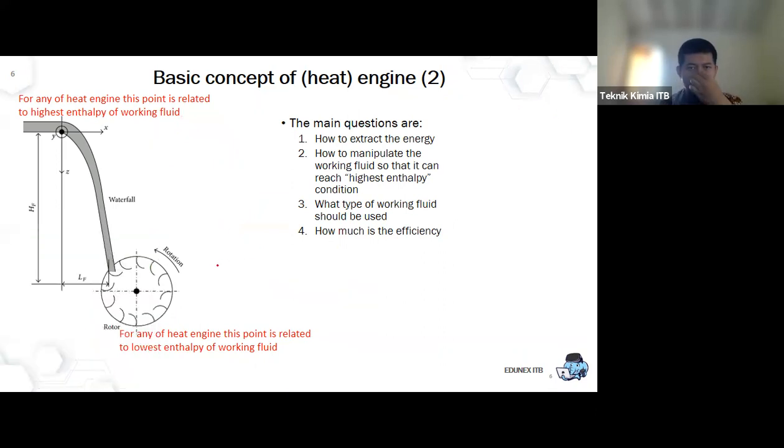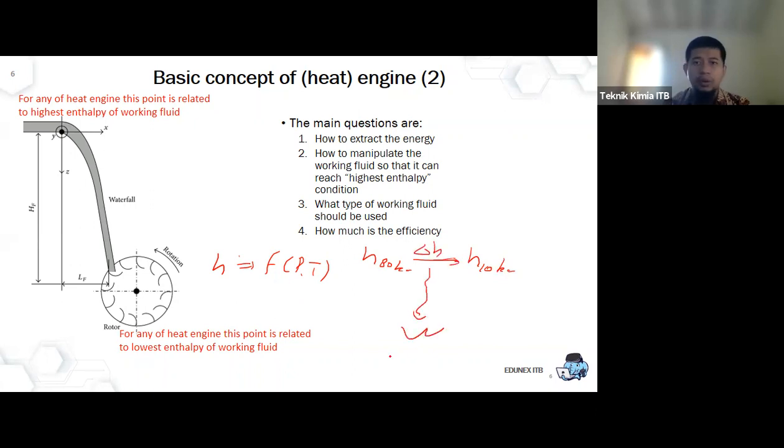Because the enthalpy is a function of P and T for any fluid, when you have H at 80 bar, and the outside of the turbine maybe is 10 bar, here is delta H, and here is the work extracted.